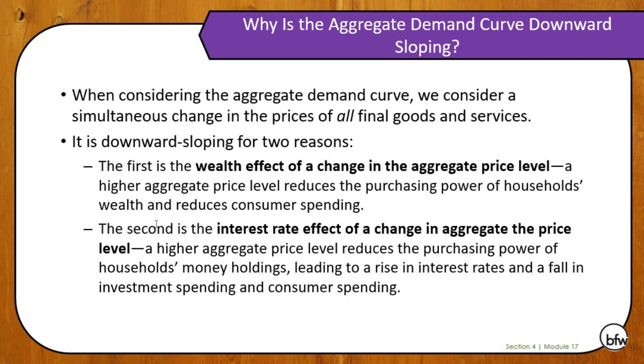A higher aggregate price level reduces the purchasing power of households' money holdings, leading to a rise in interest rates and a fall in investment and consumer spending. So basically, if interest rates go up, aggregate demand is going to decrease because it's more expensive to borrow money. And if interest rates go down, that's going to increase aggregate demand. We're going to talk more about that when we talk about monetary policy in the next unit, but it's still good to go ahead and learn that now.